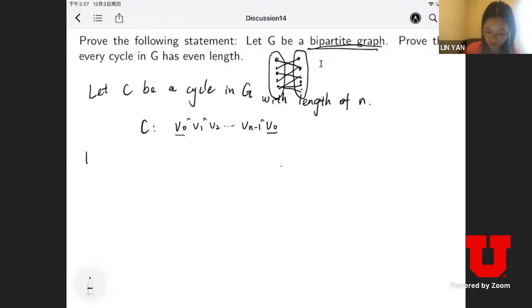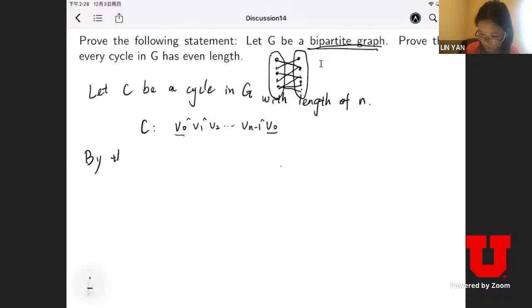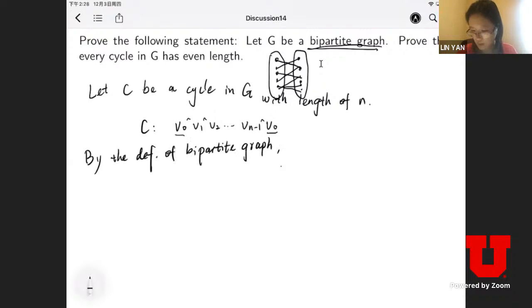And then by the definition of a bipartite graph, we can divide the vertices into two sets.